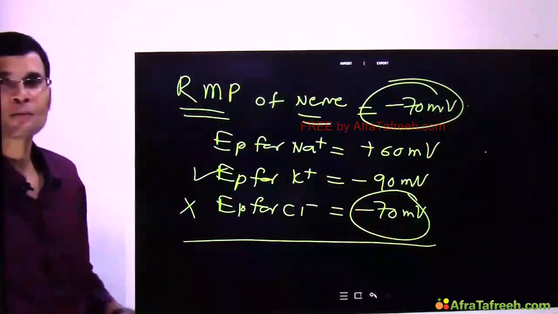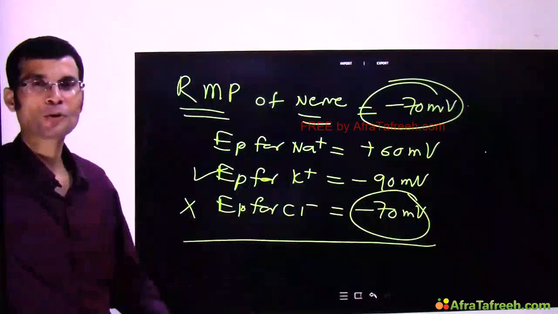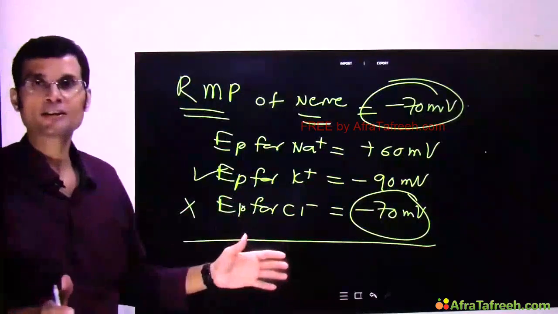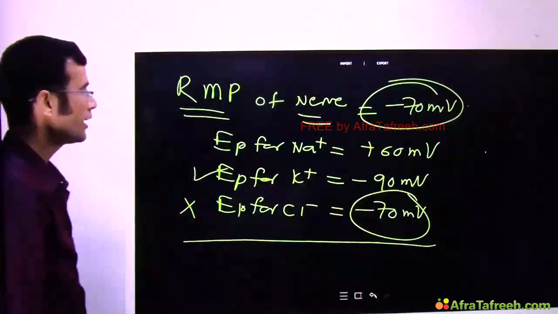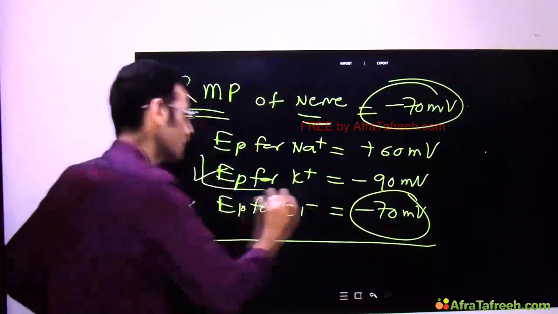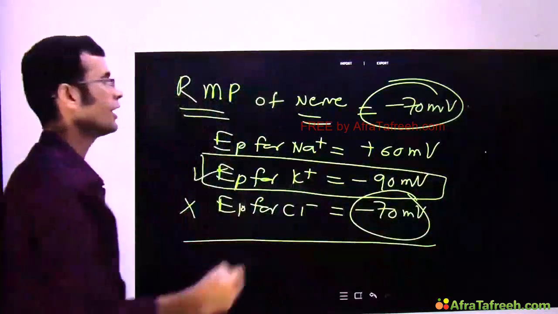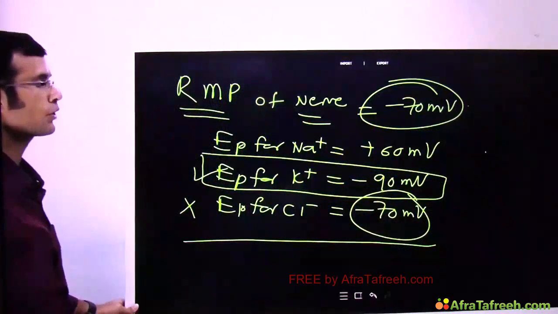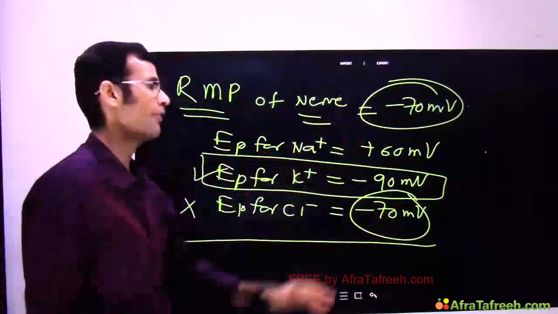Same value cannot be said to be the closest value. Closest means two different but close, and therefore equilibrium potential for potassium is closest to the RMP of the nerve, not chloride. Chloride value is the same value.